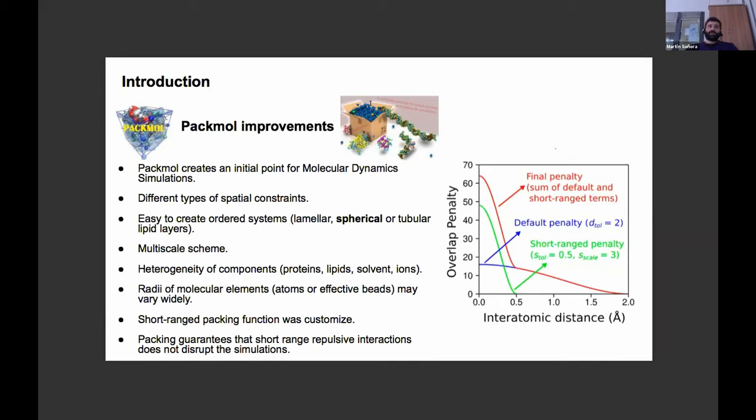Here we present a multiscale scheme, and this implies the coexistence of different granularities or resolutions at the same time in the simulation of the system.